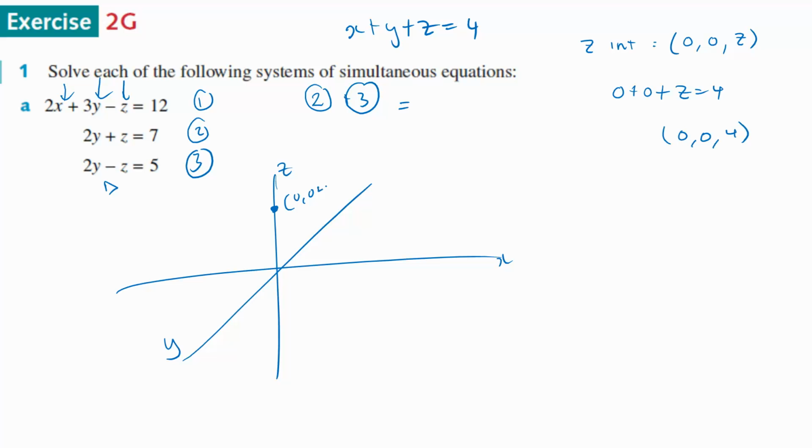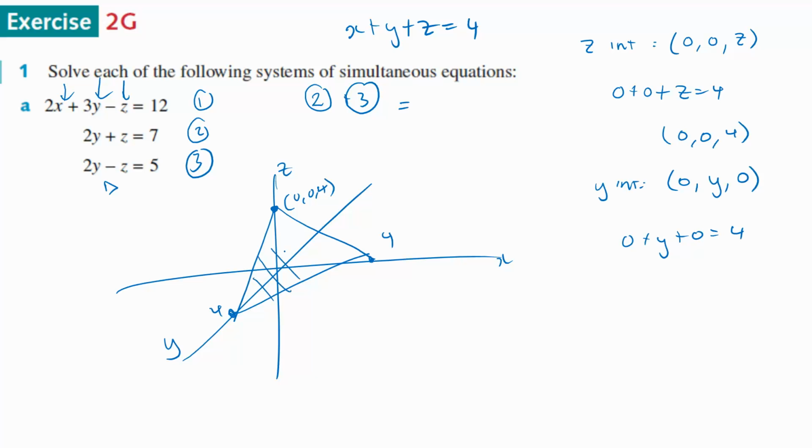Then you want to find your y-intercept. It will be the same thing: x is 0, y I don't know, z is 0. Again, you get 0 plus y plus 0 equals 4, so you end up with 0, 4, 0. This is your plane, roughly. That's what x plus y plus z equals 4 roughly looks like.